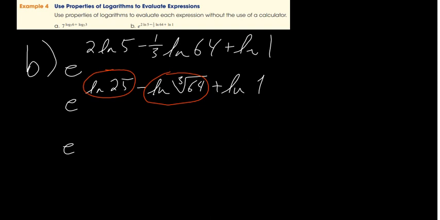So we can actually do something with that. What can we do to that? Well, the cube root of 64 is 4, right? 4 times 4 times 4 is indeed 64. So let's go ahead and put that in for my natural log.